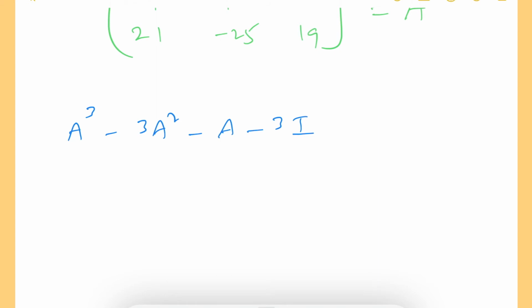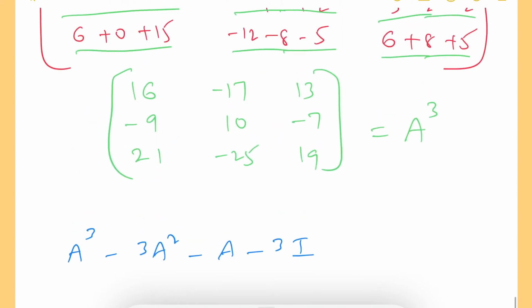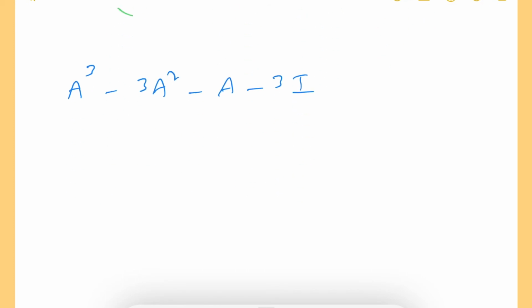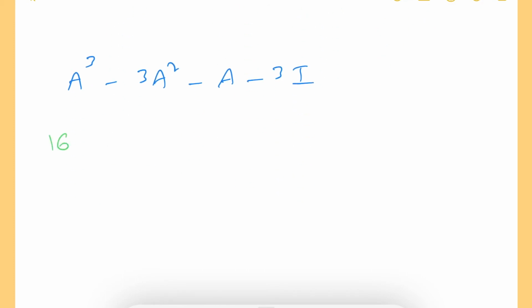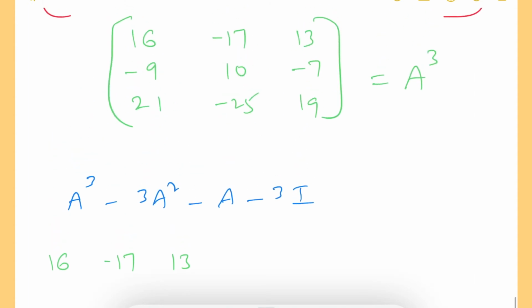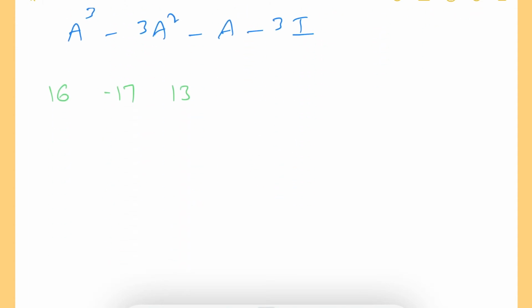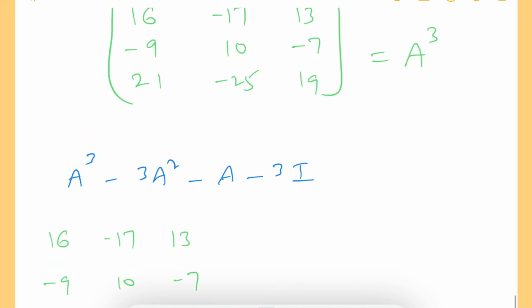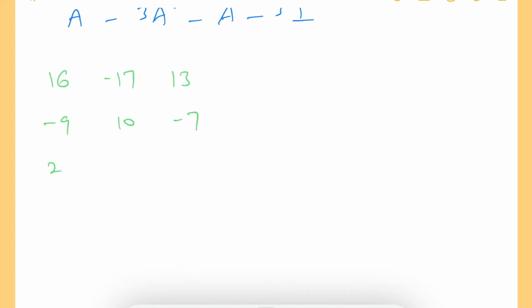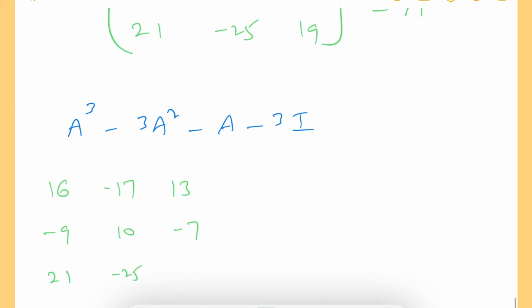Now let us substitute one by one. A cube value, how much did we get? 16 minus 17 13, minus 9 10 minus 7, 21 minus 25 19.